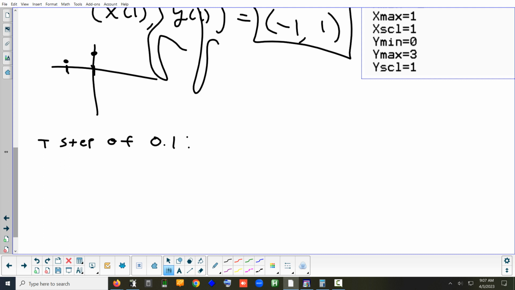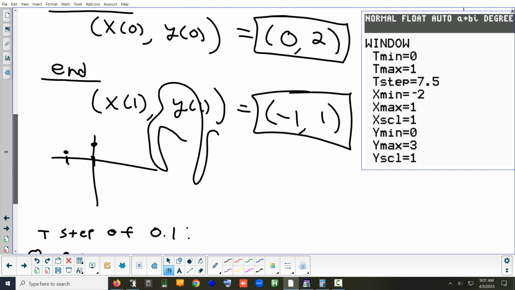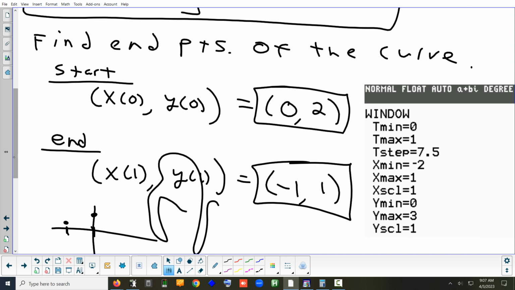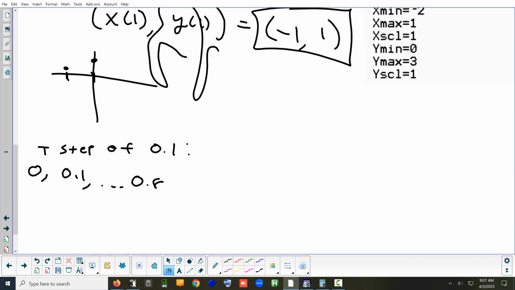So you'd start with 0, the minimum. You'd plug 0 into each formula, and you'd get a point. That's the point you would get. Then you would plug 0.1 into each formula and get a point. Then 0.2, 0.3, 0.4, 0.5, 0.6, 0.7, 0.8. You get 0.9, and then the last point you would get is 1, because that's where you stop. So the step controls how many points you're graphing between the minimum and the maximum.